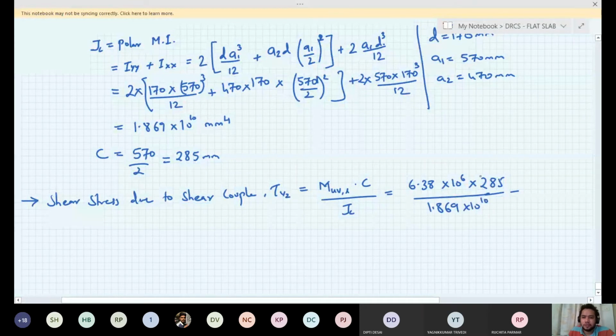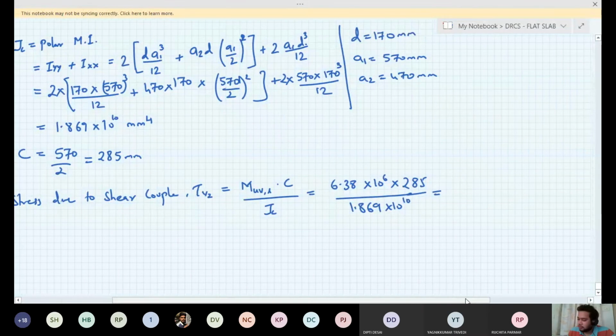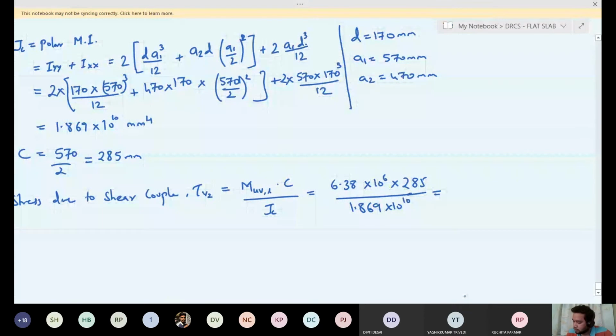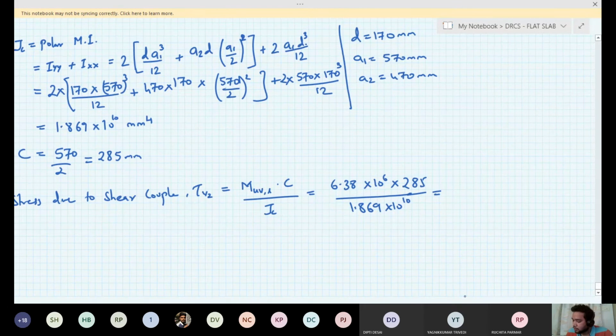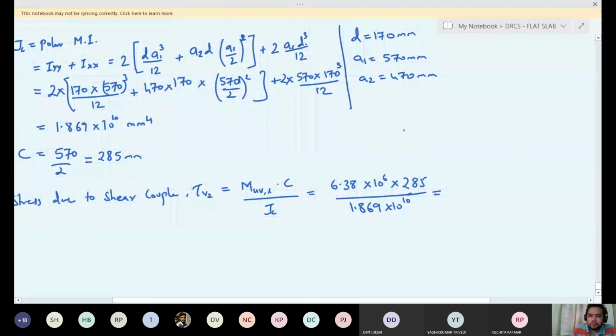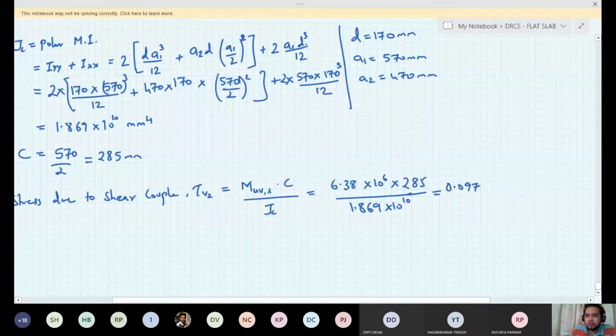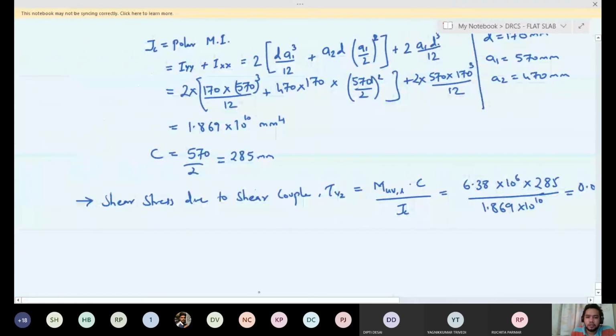So how much is this stress? 6.38 into 6.25. So it is 0.097 Newton per mm square. Okay, so we can find out the maximum and minimum stress.